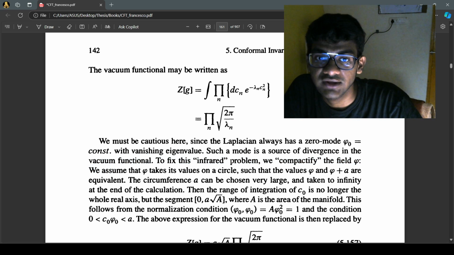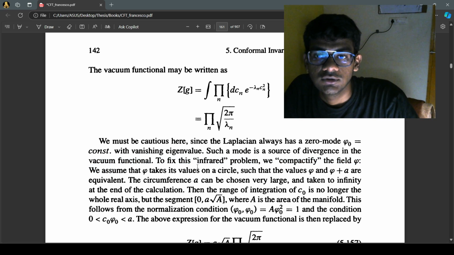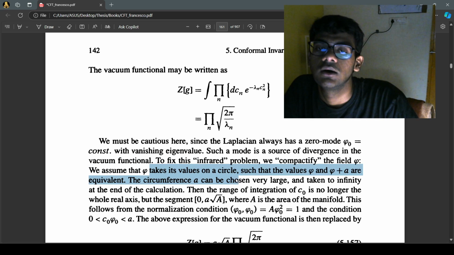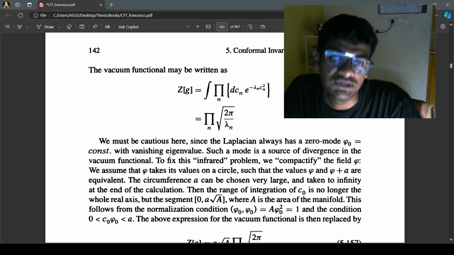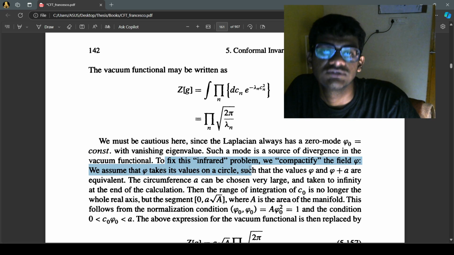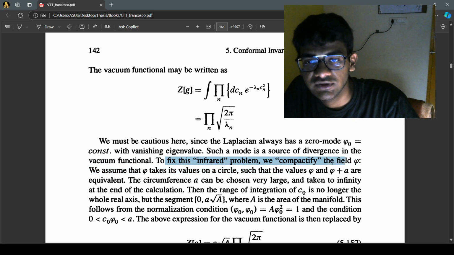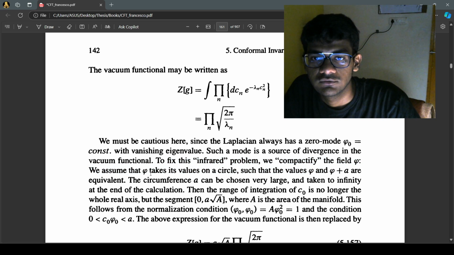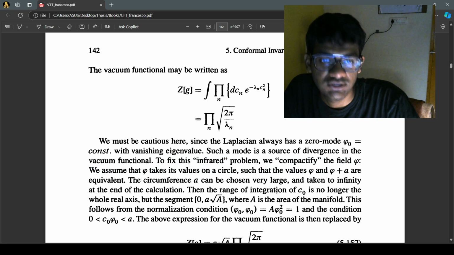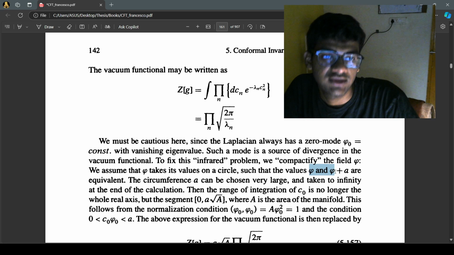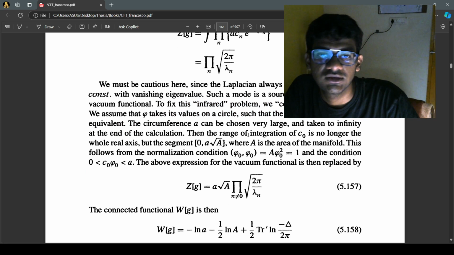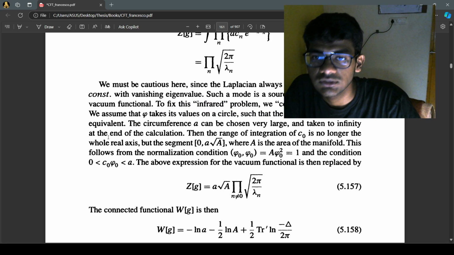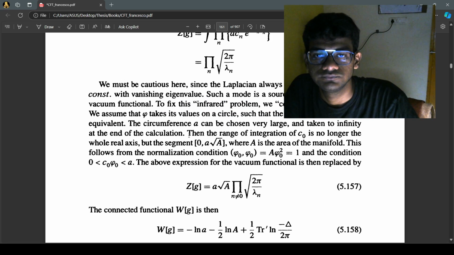To fix this infrared problem, low energies basically, we compactify the field phi. We assume that phi takes its values in a circle, such that values phi and phi plus a are equivalent. The circumference a can be chosen very large and taken to infinity at the end of the calculation.